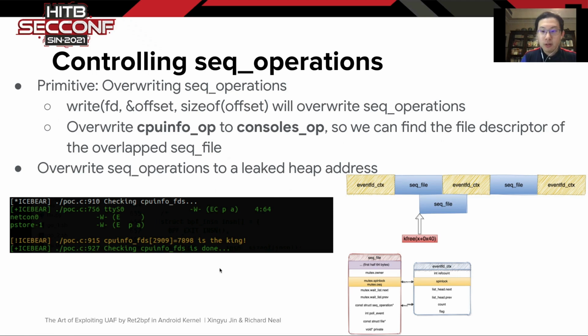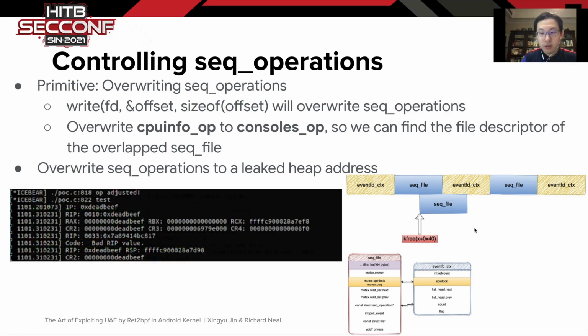The next step is to control the seq_operations. We can simply overwrite the seq_operations to control the slab object. Initially we can just fill the seq_operations with something random like deadbeef, so we can validate that we can now control the kernel IP from the kernel crash dump.